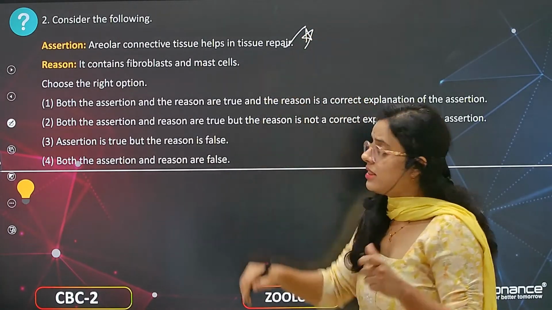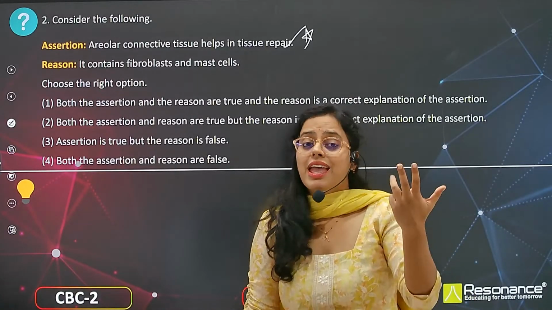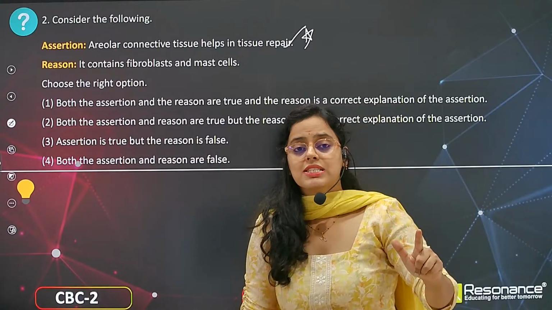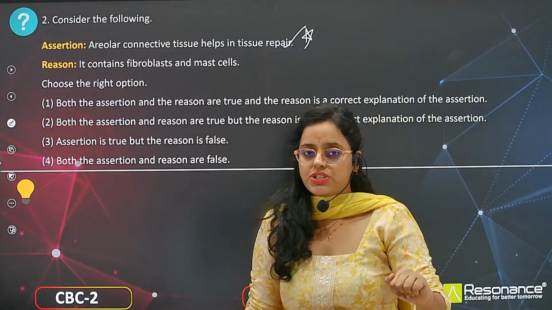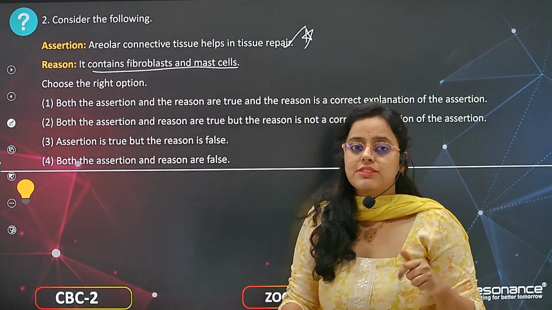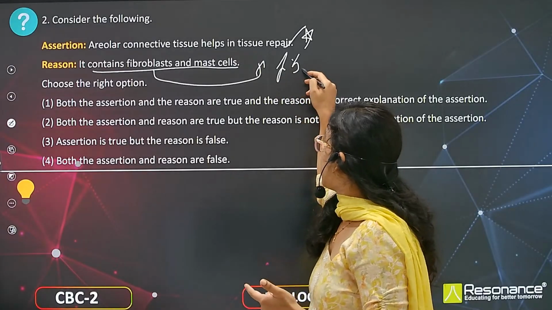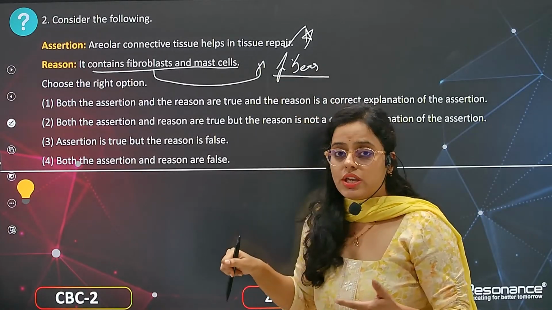Yes. And this areolar connective tissue consists of various components like collagen fibers, elastin fibers, fibroblast cells, mast cells, macrophages. We have discussed this. So here the fibroblast cells and mast cells are present, and these fibroblast cells form the fibers which are helpful for tissue healing and clot formation.